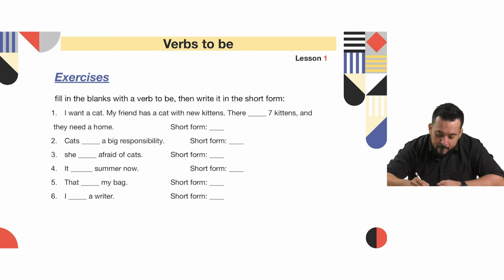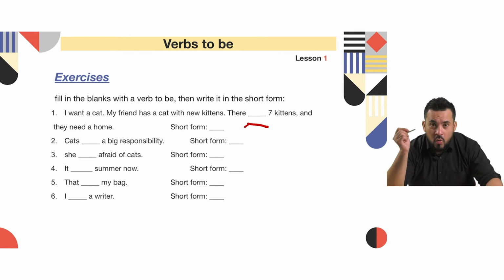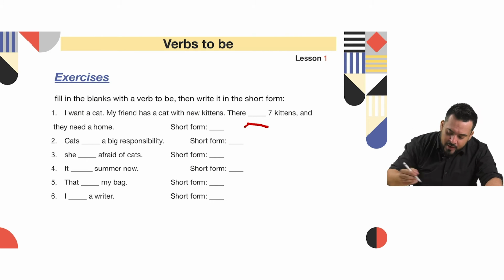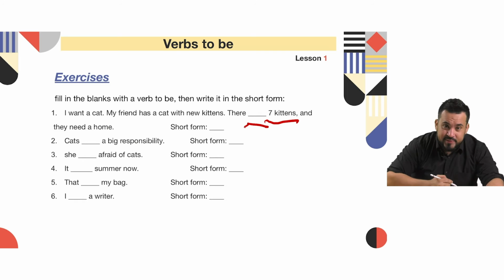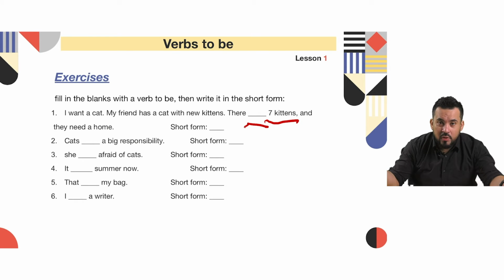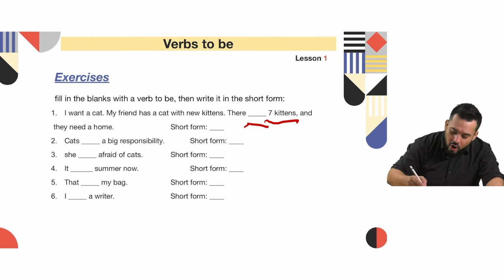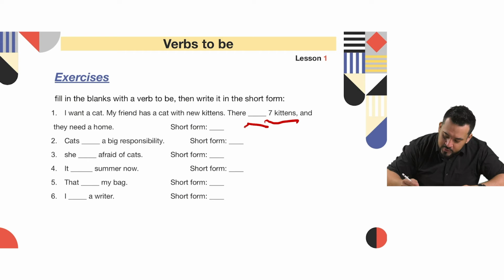There are 7 cats, and they need a home. So, which verb to be do we use? We have 7 kittens. What does that mean? Plural. So the correct verb to be is, you got it, are.